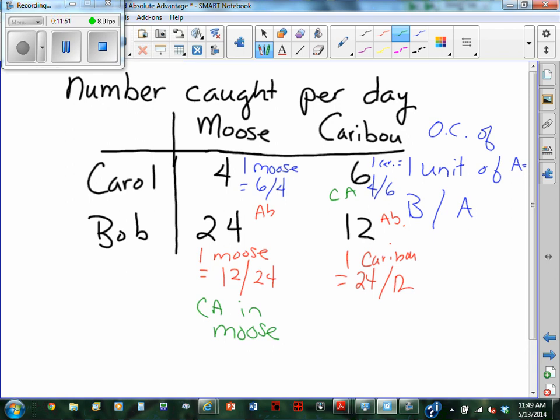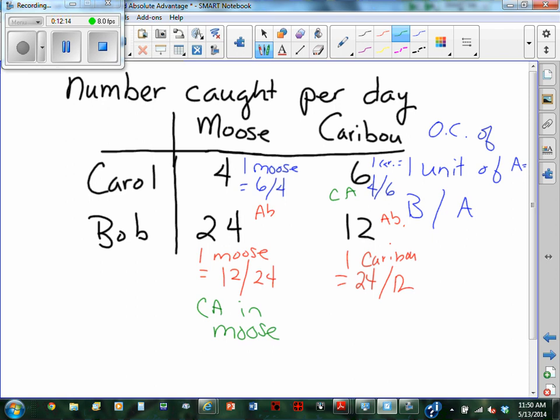And in fact, if you wanted to have 12 caribou, Carol could spend her entire day catching caribou. Bob could spend half the day catching caribou. And they would still end up with 12 caribou.